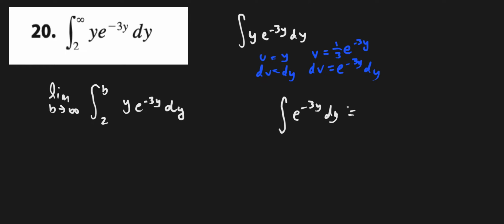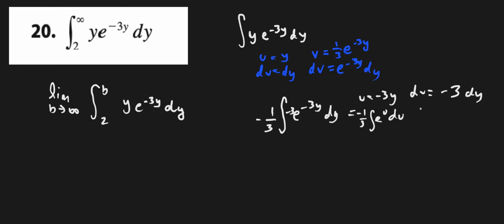If I set u equal to negative 3y, then du is equal to negative 3 dy, and this just becomes negative 1/3 integral e to the u.